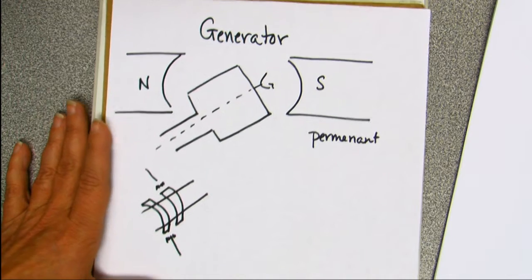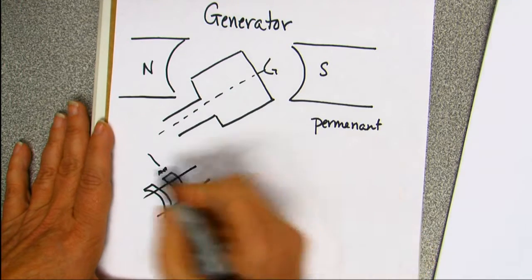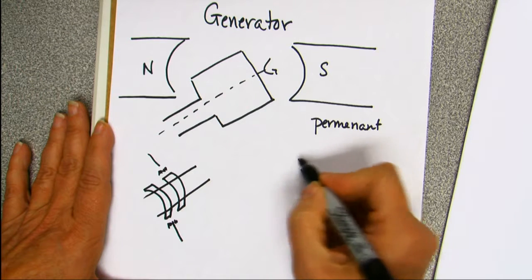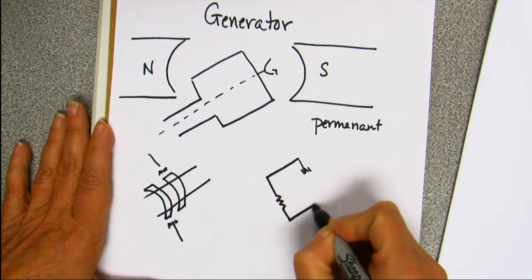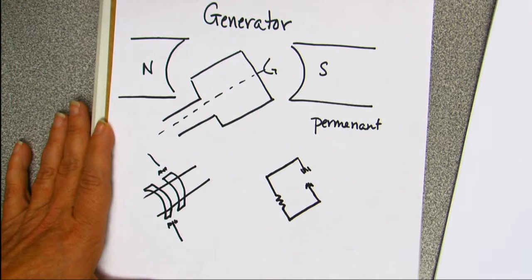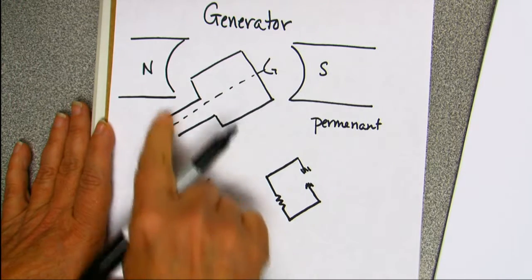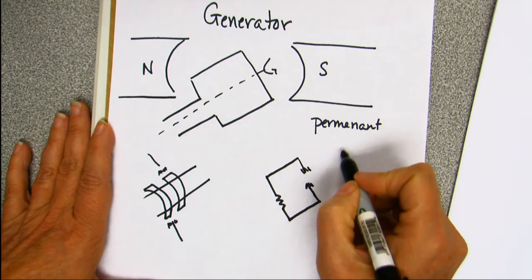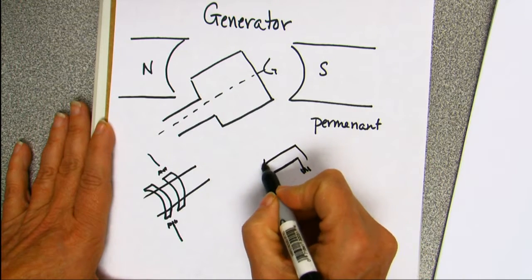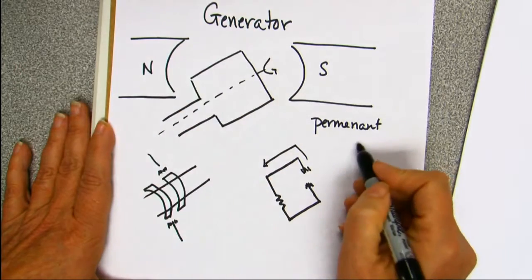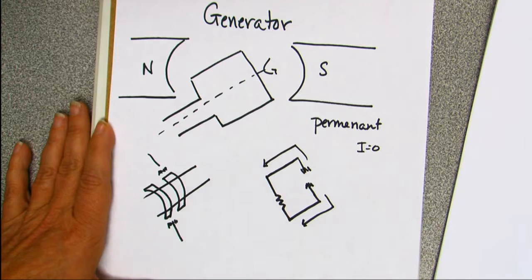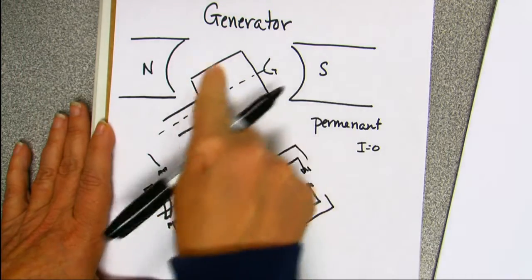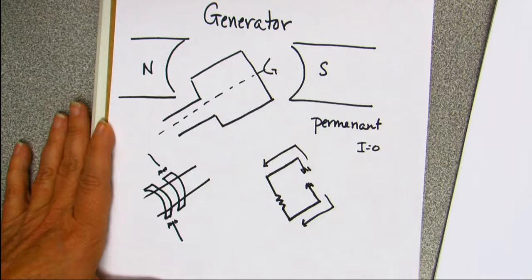So if I have this brush, and our book is great, by the way, and I have some sort of resistor or a light bulb, as this rotates through the system, I can get current going this way, and then when it gets to the spot, current is equal to 0, and then all of a sudden I get current going that way. That's my AC generator. I'm going to alternate the current based on how this is turning through the field.